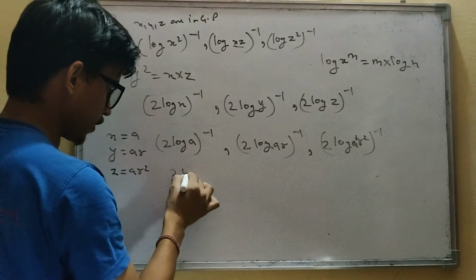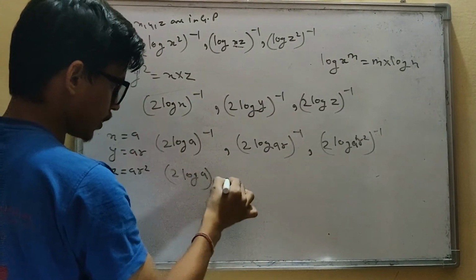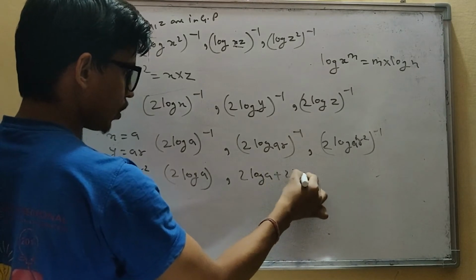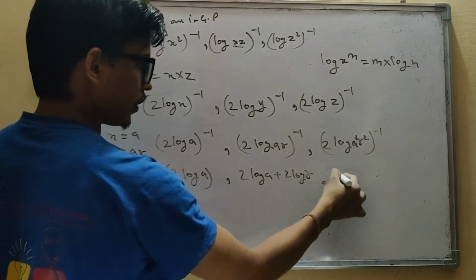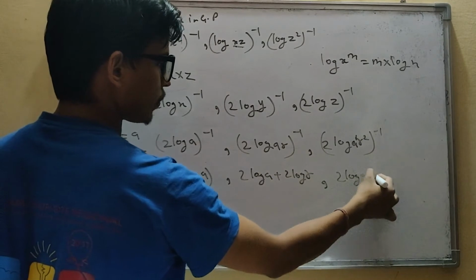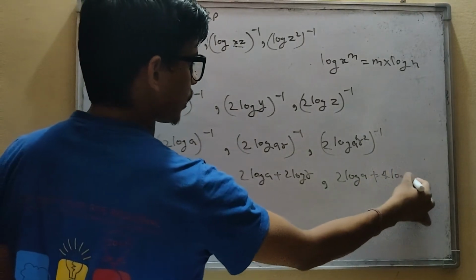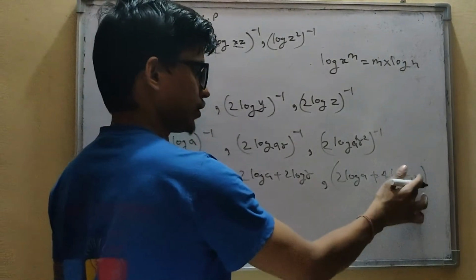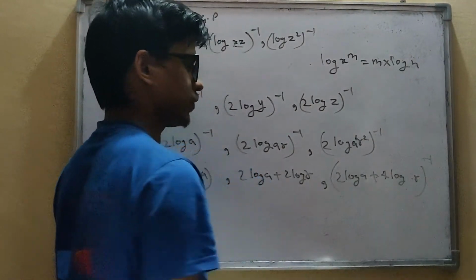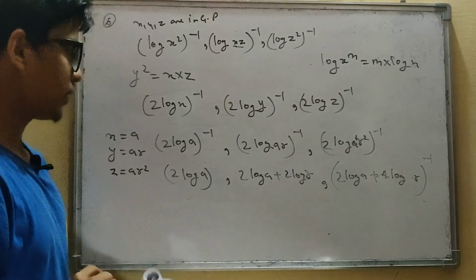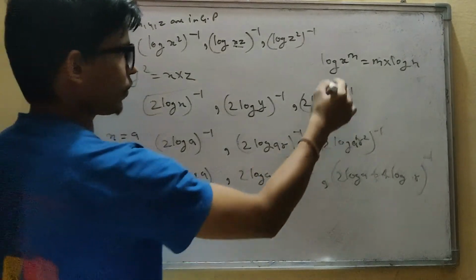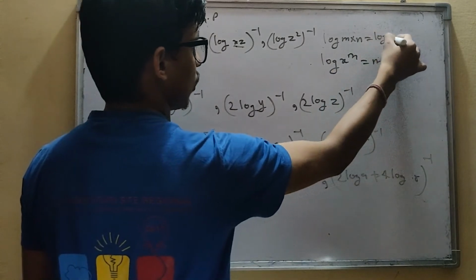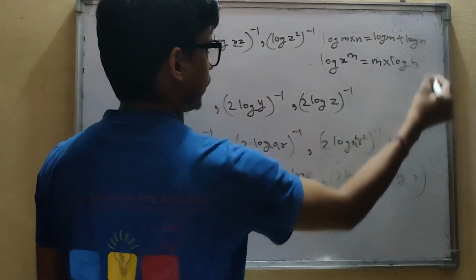So how can I write it? 2 log a, and this is going to be 2 log a plus 2 log r, and 2 log a plus 4 log r, all to the power minus 1. This is the very simple logarithm property.